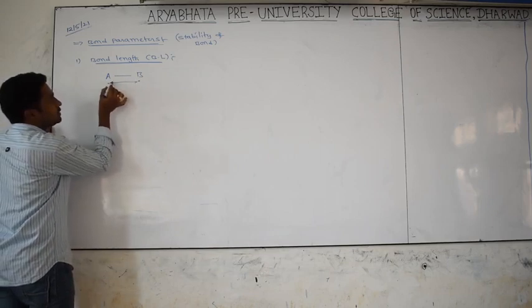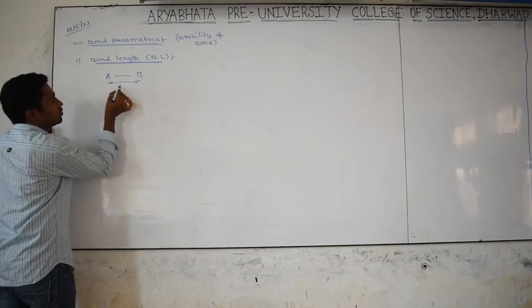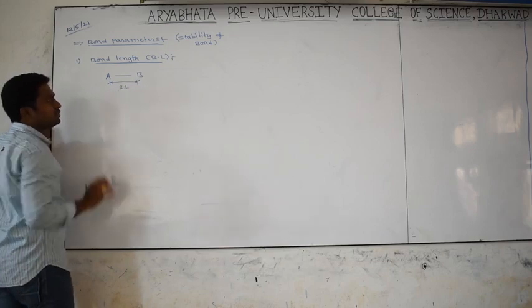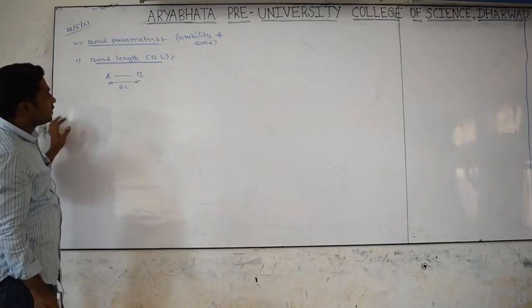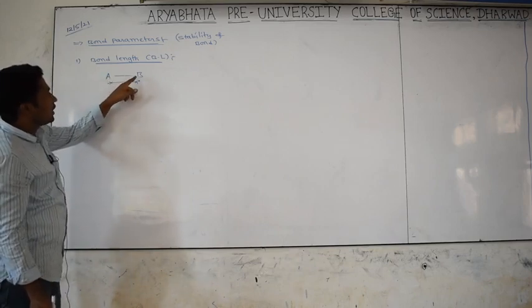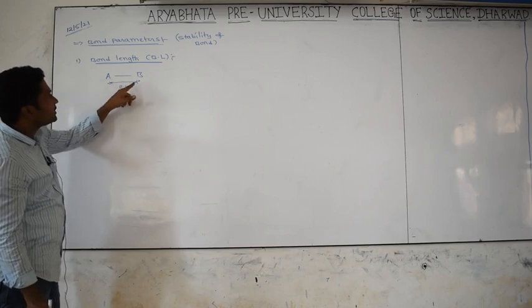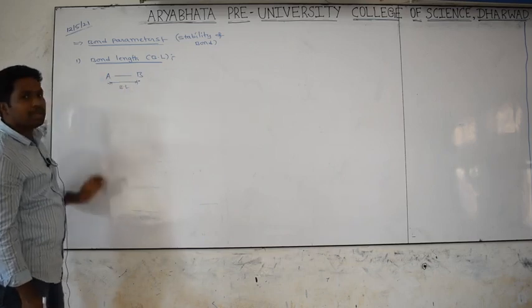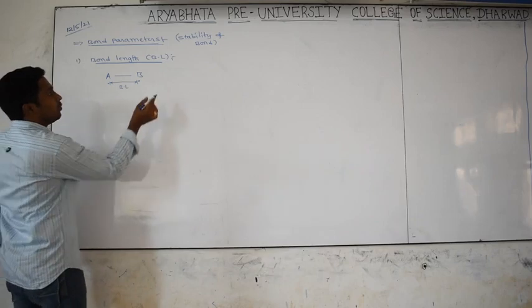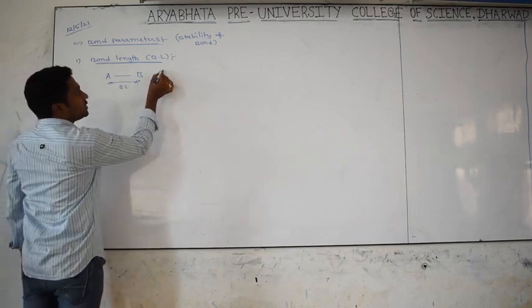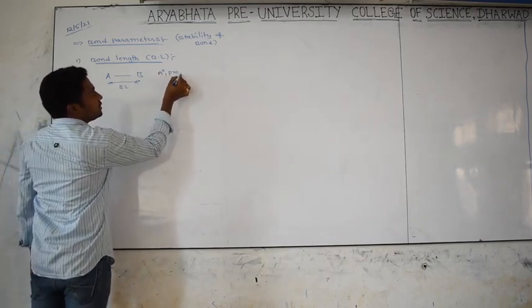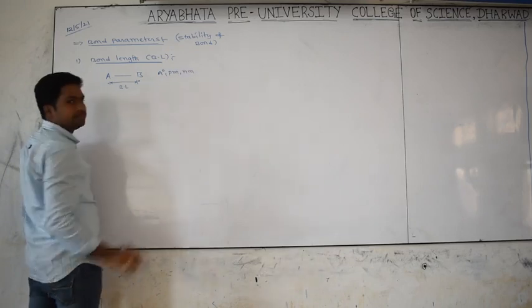The internuclear distance between the two bonded atoms is called bond length. When two atoms are held together by a chemical bond, the internuclear distance between the two bonded atoms is called the bond length. The bond length we express in angstrom units, picometers and nanometers.